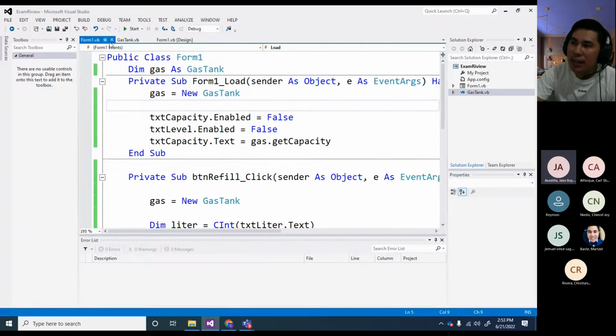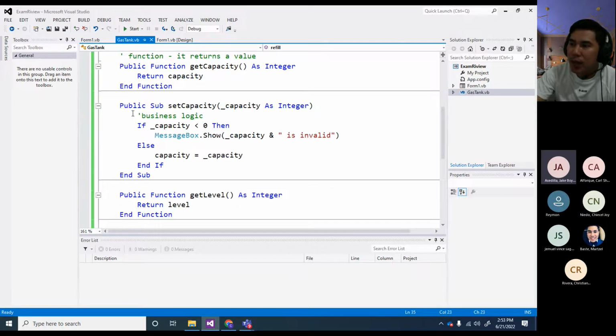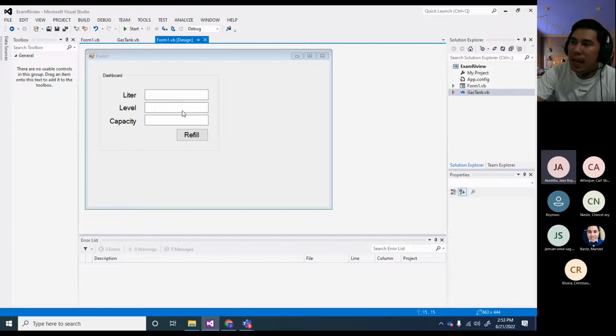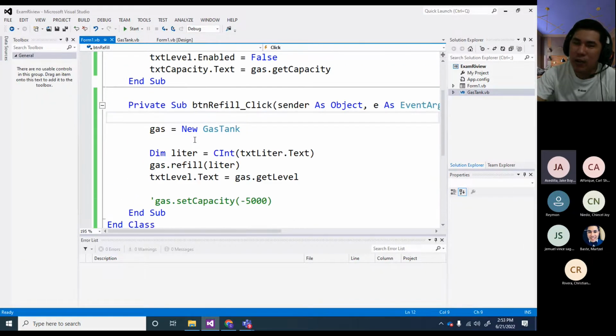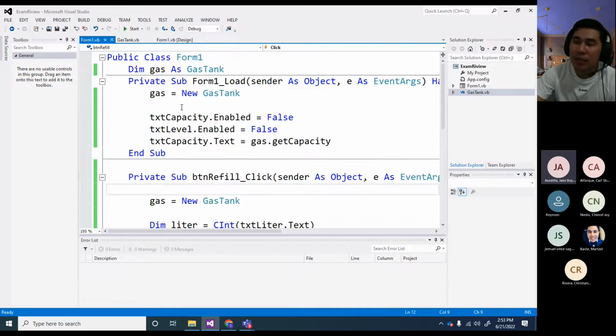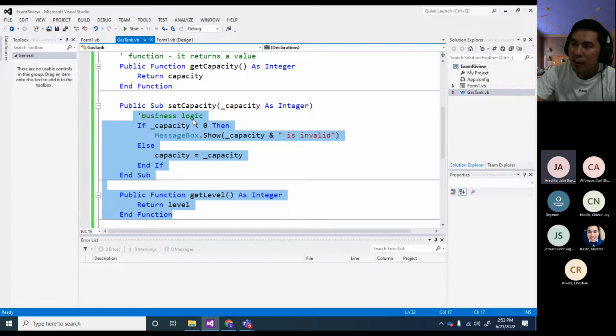But the idea there is the ability to create an isolated class separate from your main class, where your business logic actually is. So your logic is there rather than here, so you don't have any if-else conditions here.